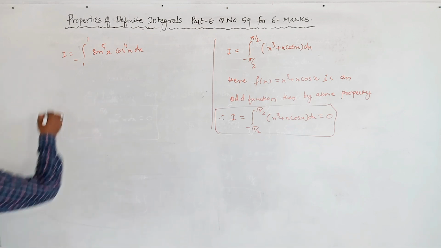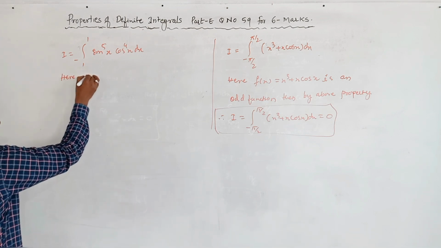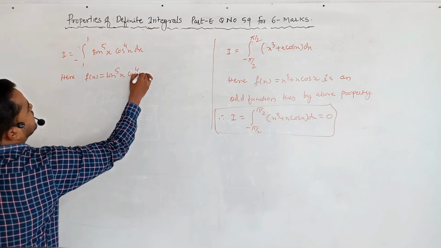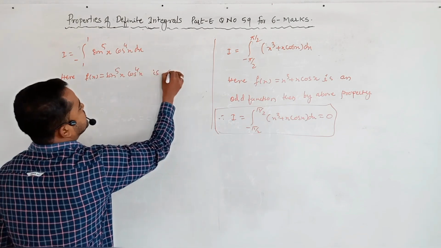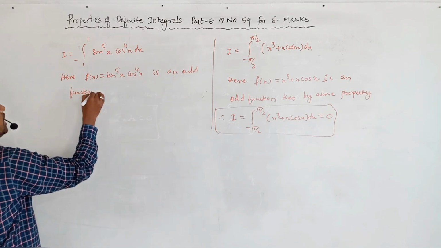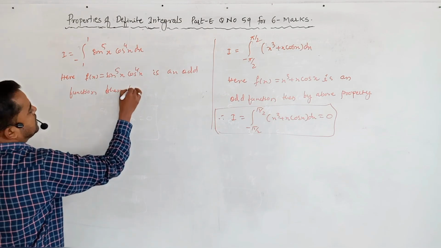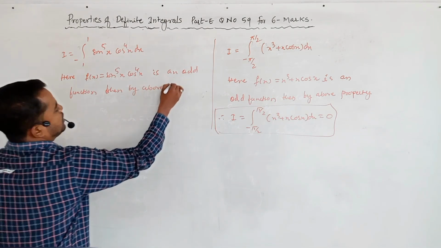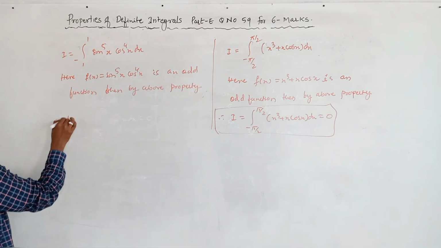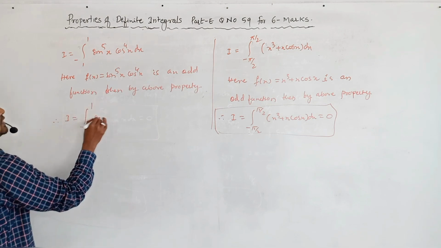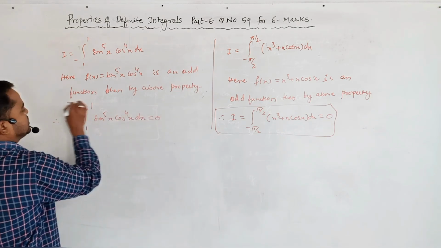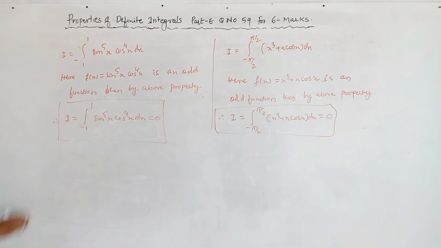Here f of x is equal to sin raised to 5x cos raised to 4x, which is an odd function. Then by the above property, I is equal to the integral from minus 1 to 1 of sin raised to 5x cos raised to 4x dx, which is equal to 0. So these are the problems, very easy problems.